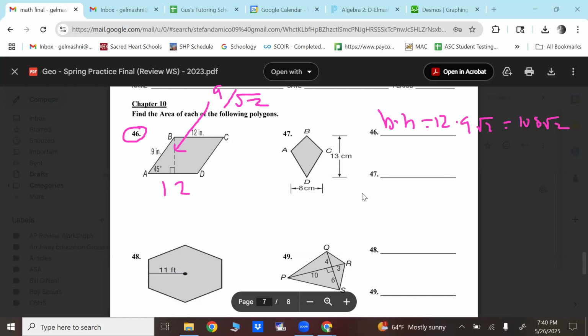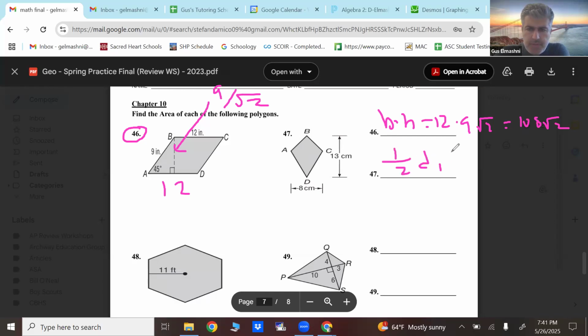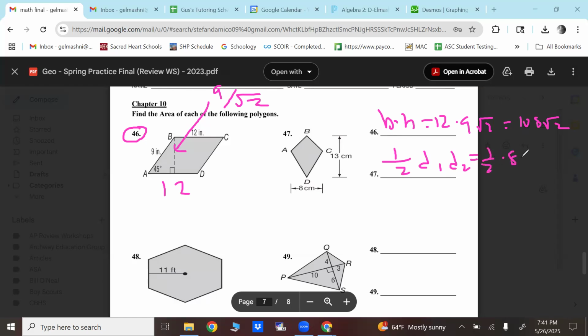Here you got a kite. So if that's 8, that's 13. Oh, this is the 1/2 D1, D2. So that's 52.